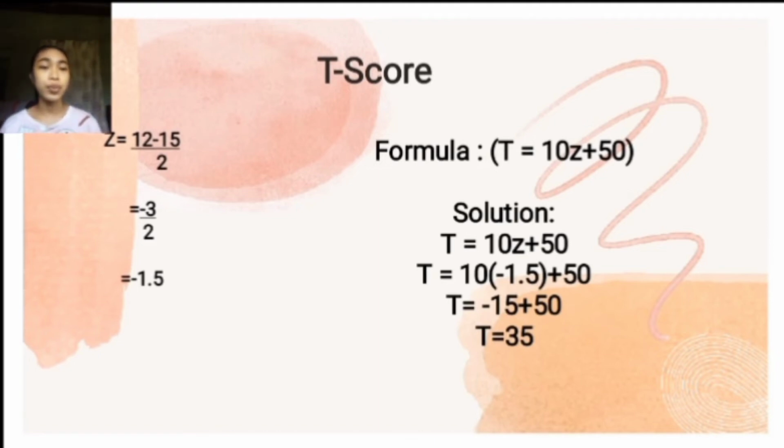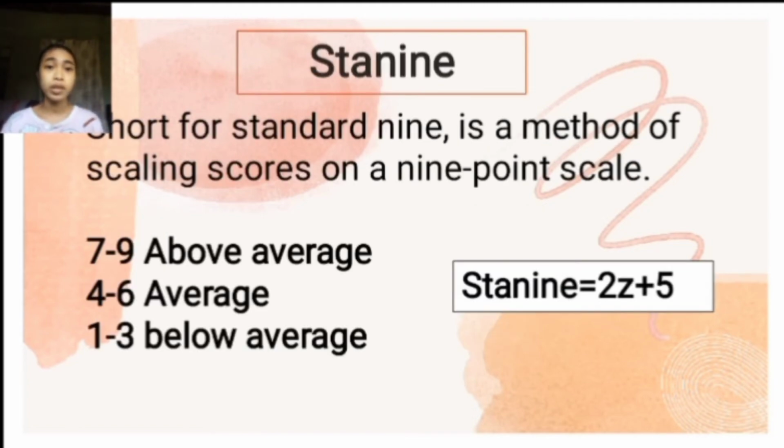Okay, next we have the stanine. Stanine, short for standard nine, is a method of scaling scores on a 9-point scale. A stanine is a 9-point grading scale ranging from 1 to 9. Unlike the t-score and z-score, the mean of the stanine is 5 and the standard deviation is 2.